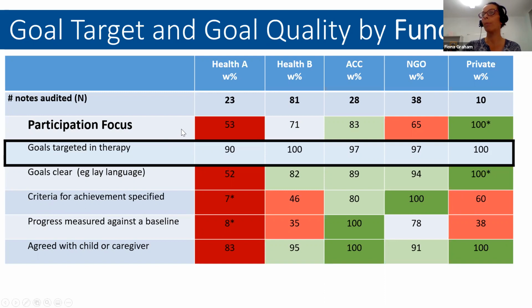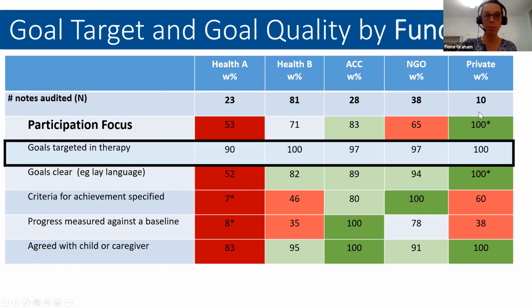So overall, what we can see here is that there was one standout service, and there were no particular features about that service. They were a publicly funded child development service that essentially predicted the quality of goals and how participation focused they were.